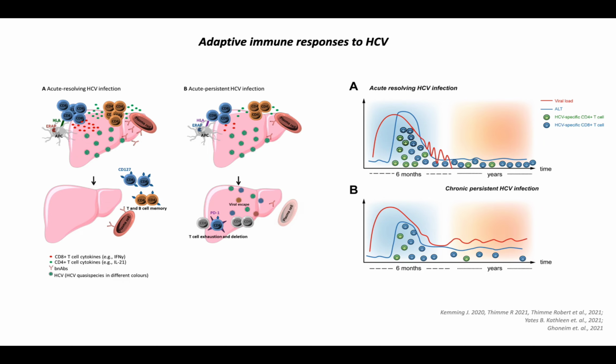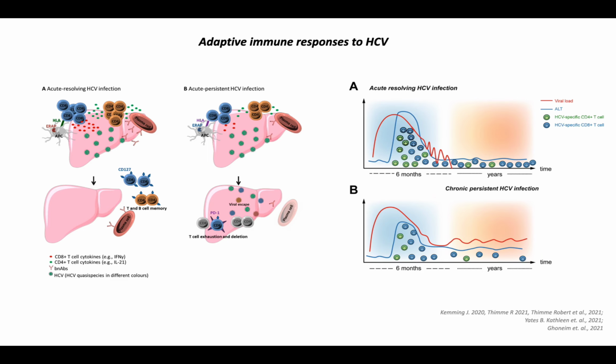So in case of hepatitis C infection, if it's an acute resolving infection, there's an infiltration of CD8 T cells, CD4 T cells, and plasma cells, which helps in the clearance of the infection. And there's expression of CD127 on the surface of CD8, which are activated CD8 T cells.